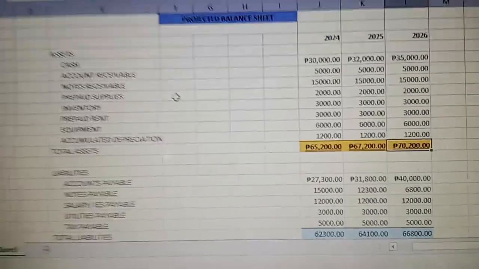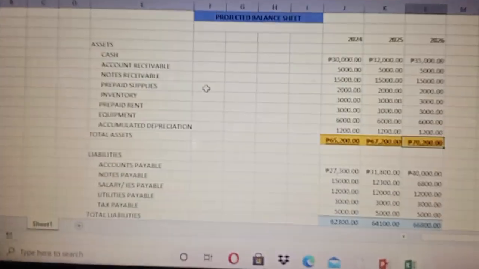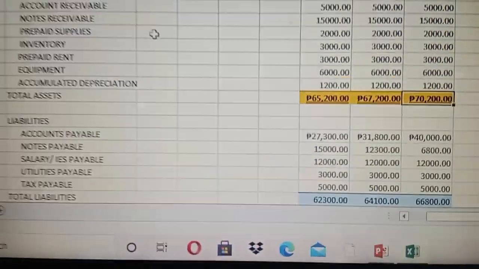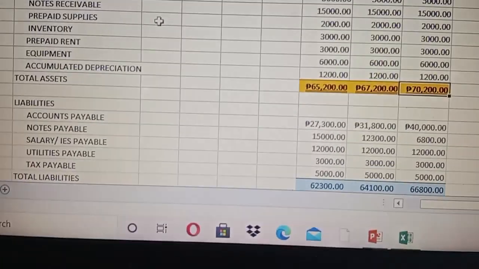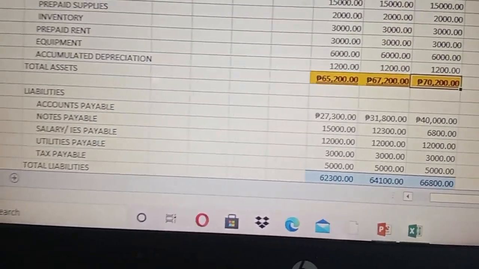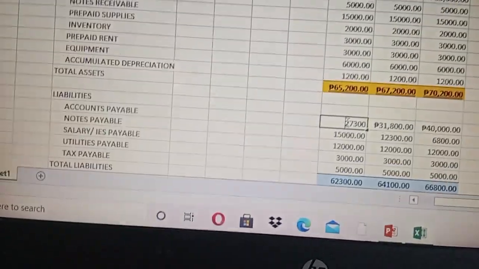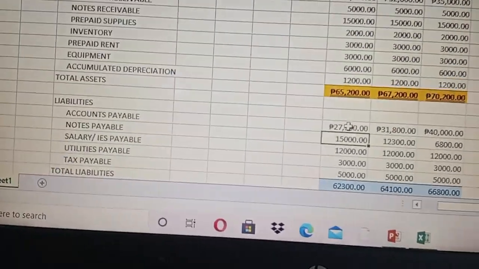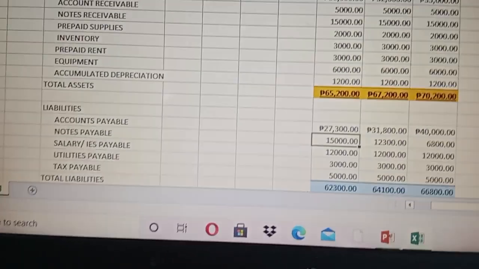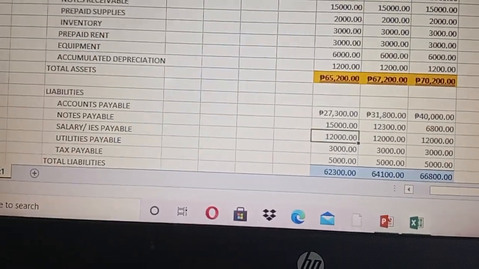Now let's go on with liabilities. As I mentioned to you, accounts payable is money you owe to any person or suppliers, which gives you this 27,300 pesos.